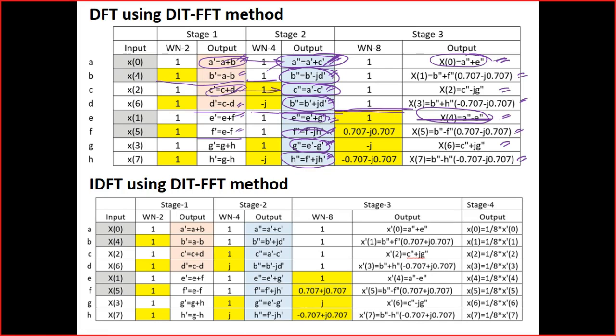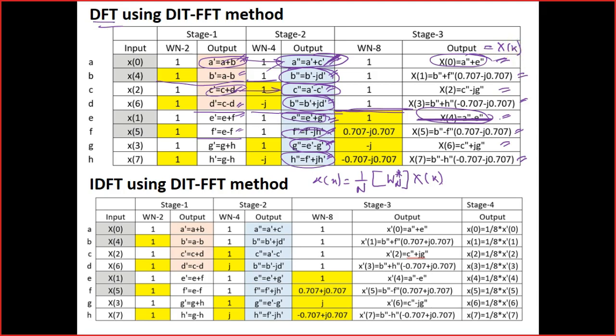Now, when we talk about the IDFT, we have said that x of n equals 1 by N into twiddle factor conjugate into X of k. Now over here, when we were doing the DFT, this final output is our capital X of k, which is in the normal order.